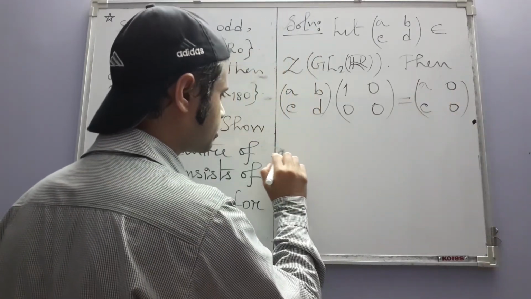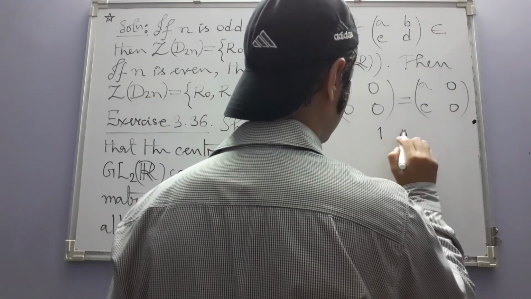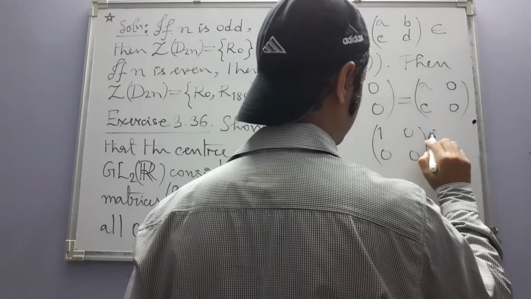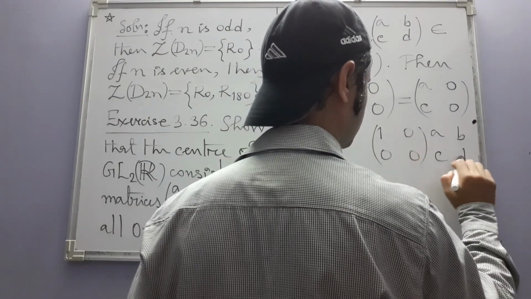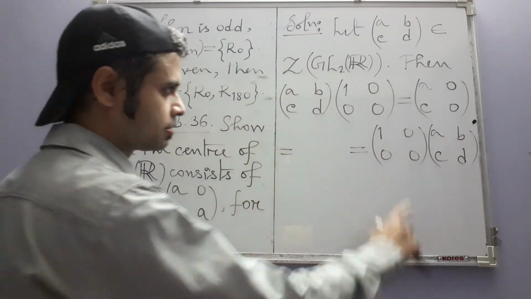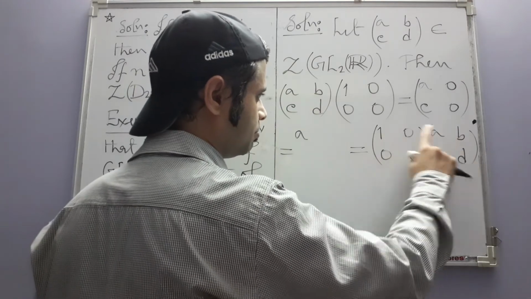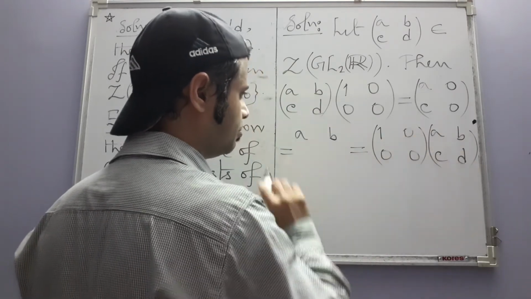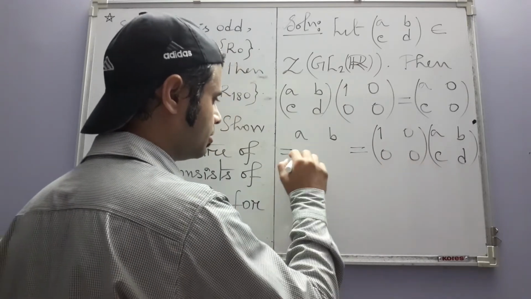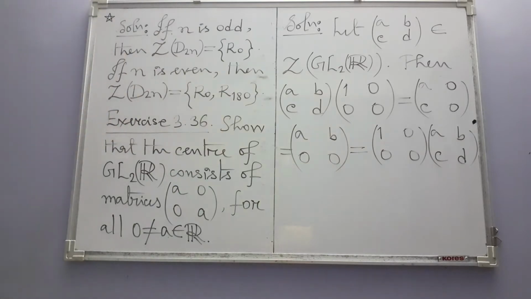Now this should be equal to another matrix which is this product. Now what is this matrix? A plus 0, A, B plus 0, B, and of course because this second row is 0, the others will become 0.